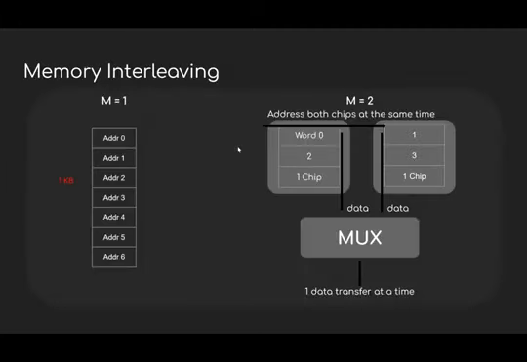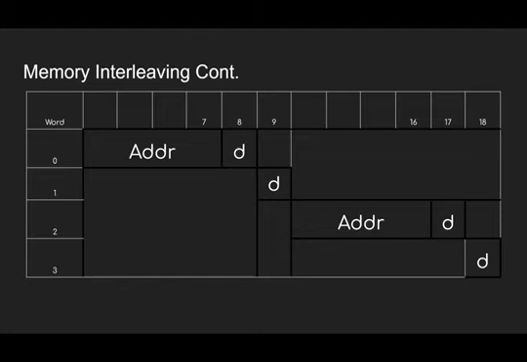And again, if M is equal to 4, you would have 4 data transfers. Whatever M is equal to is the number of transfers you'll have afterwards.